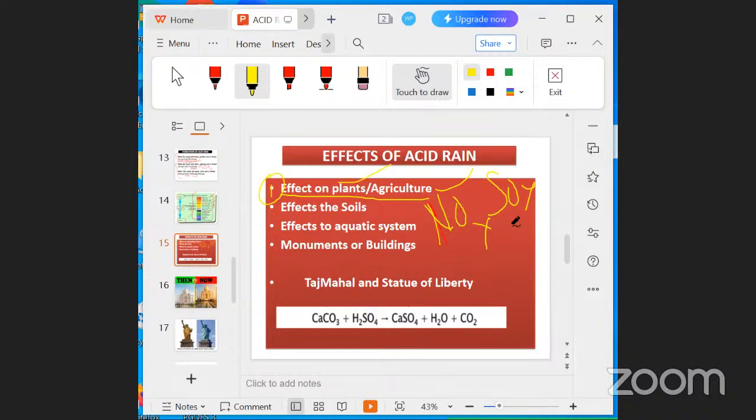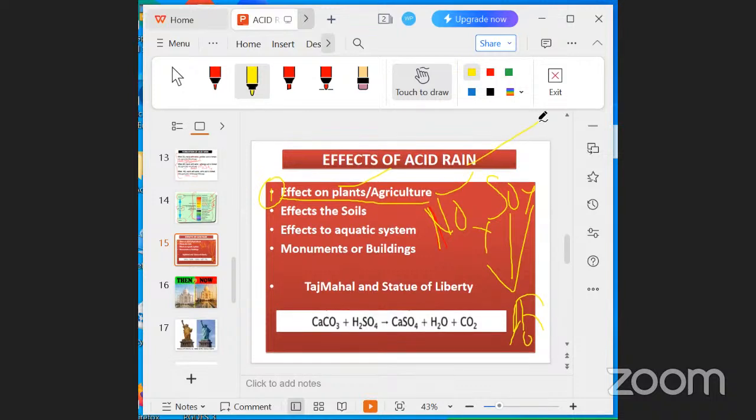When acid rain falls on the plants, it washes away all the nutrients required for their growth and survival. So the plants become weak, and if they are continuously exposed to acid rain over a long period of time, they may finally dry out or die. So plants are most affected by acid rain.